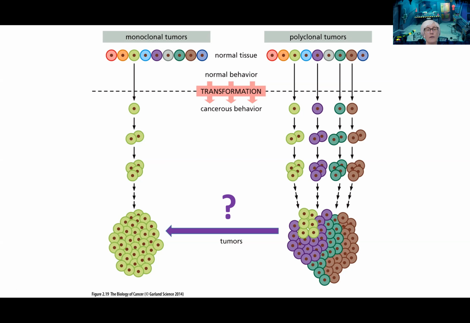So what I've spoken about is what's shown on the left-hand side of this slide. But does that mean that all cancers or all tumors are monoclonal in nature? I don't know that we know the answer to that, but it is the simplest explanation. In order for us to use that simple explanation, however, we have to consider how the heterogeneous tumors that we often observe in individuals have arisen.